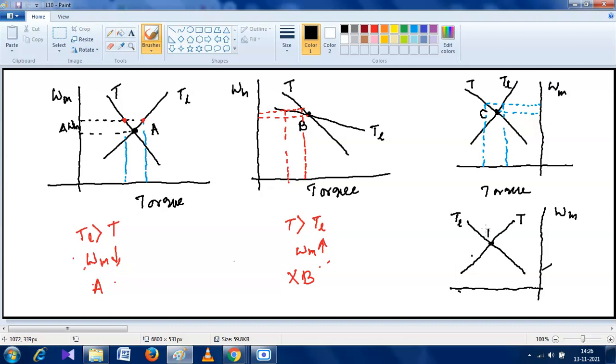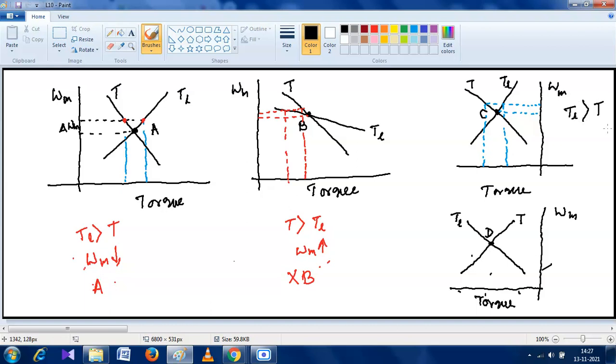Sir, here it is in the negative axis. Yes, good Ritesh, this is in the negative axis. So which has the higher value? TL. That means TL is greater than T. If TL is greater than T, what will happen?